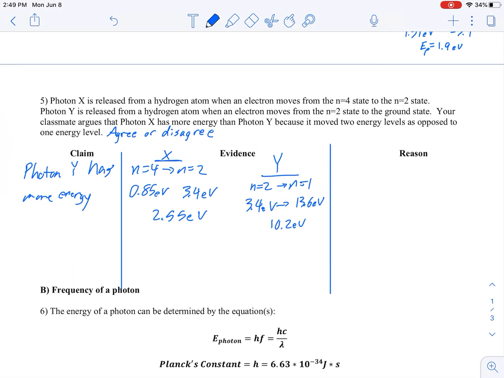So let's go to our reason. We have to basically talk about our claim, and did we support it or not with our evidence.